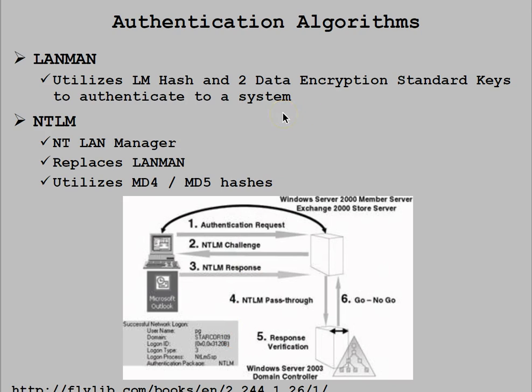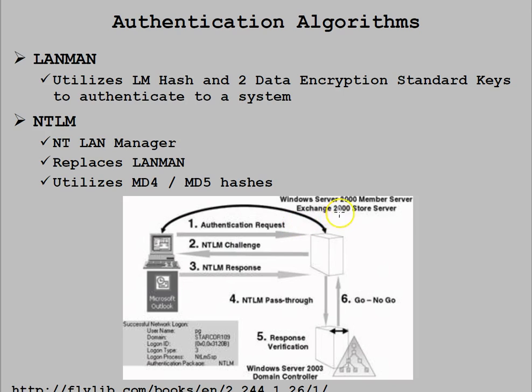For authentication purposes, the types of hashes that we see: the LAN Manager, which is the archaic one, uses the LM hash, and the new technology LAN Manager, so anything using NT, so Windows 2000 and on, uses NTLM.